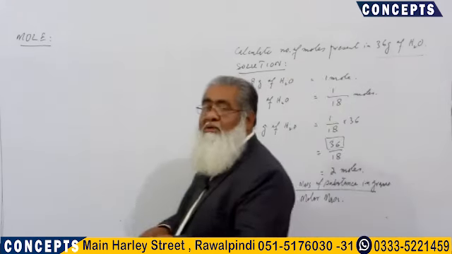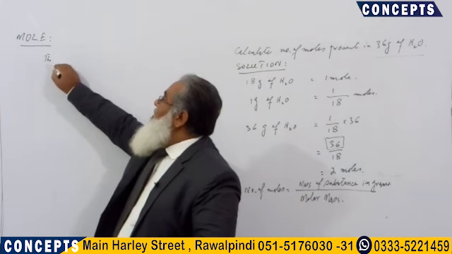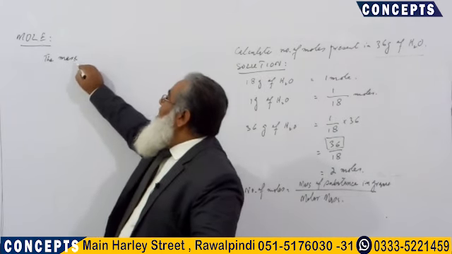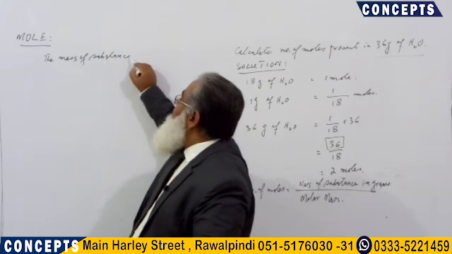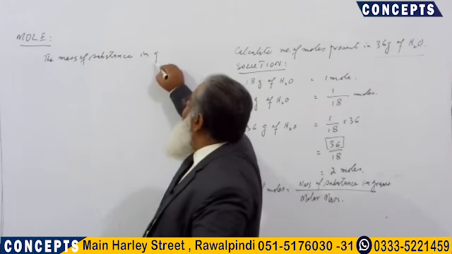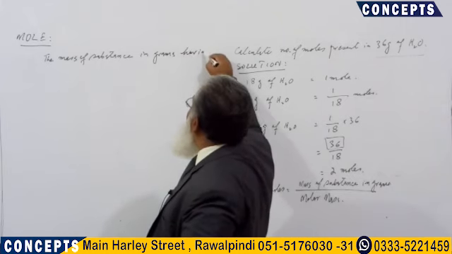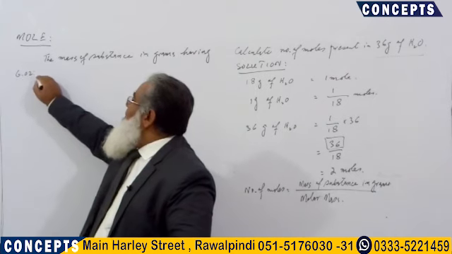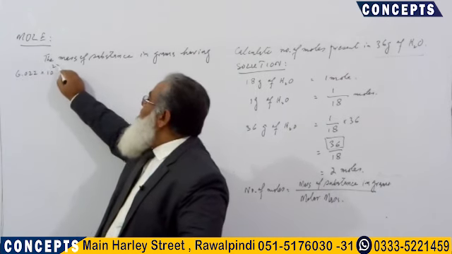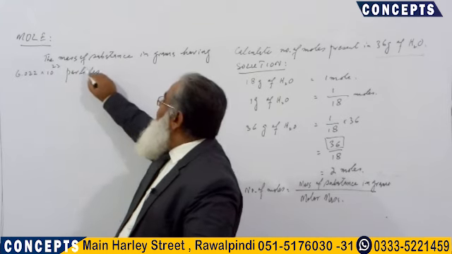With respect to the second definition, a mole is the mass of substance in grams having 6.022 × 10 raised to power 23 particles.